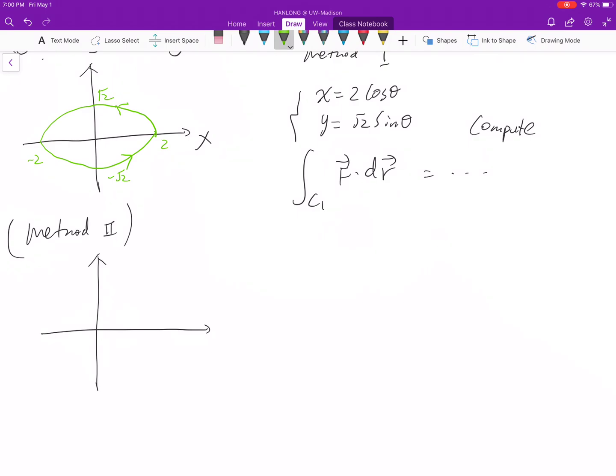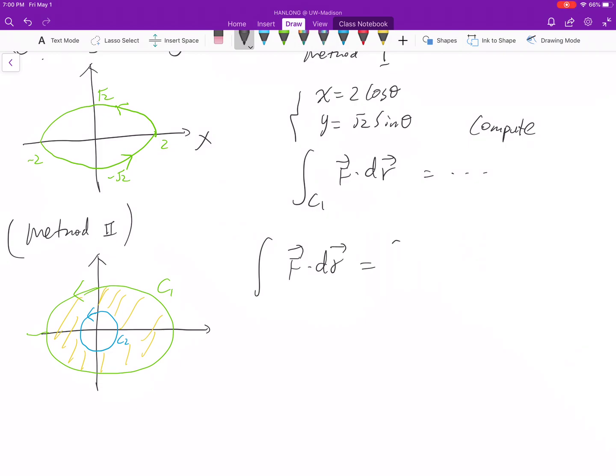And by Green's theorem, we know that you can deform this curve to the green one, C1, C2. Okay, then you have integration along C1 equals C2.